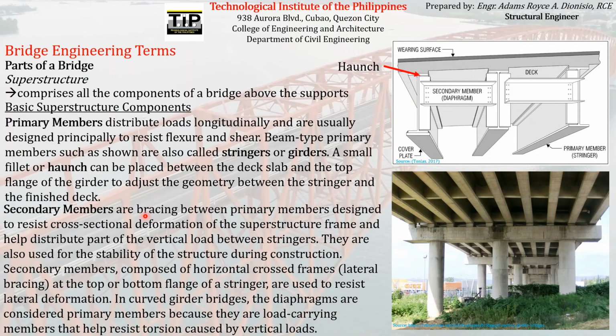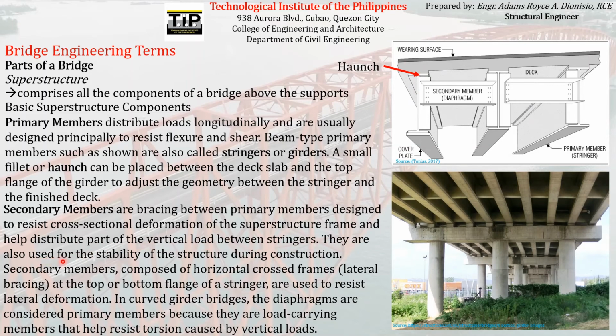So another basic component of a superstructure is the secondary members, which are bracing between primary members designed to resist cross-sectional deformation of the superstructure frame and help distribute part of the vertical load between stringers.